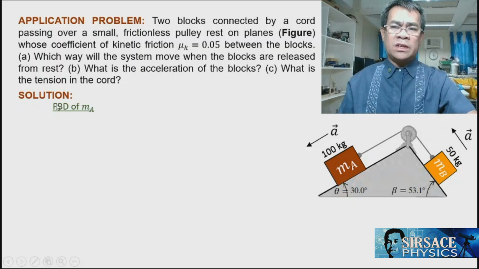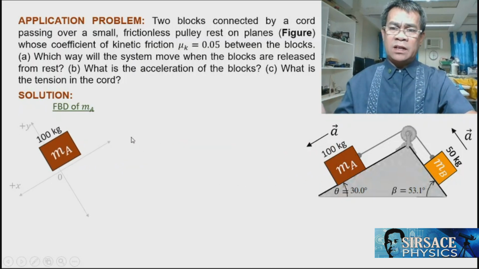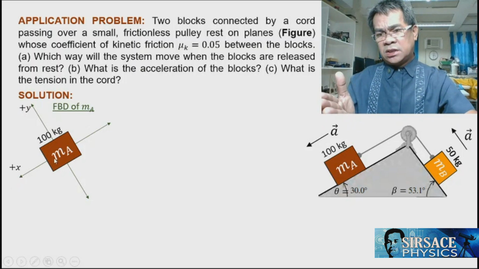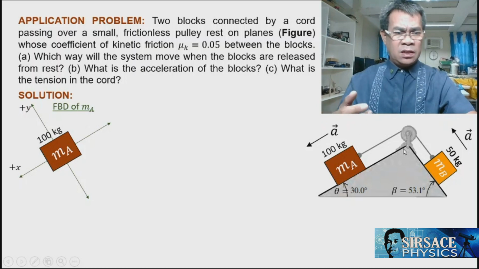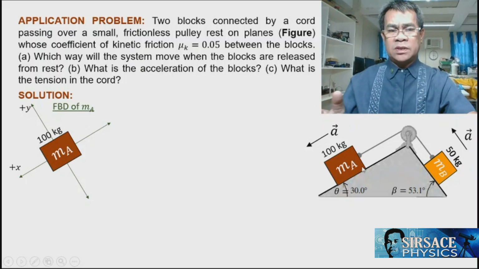So the first requirement is to construct the FBD, or free body diagram, of mass A. Then after that, you have to overlay the object onto the axis. I use the positive X down the plane for A because I assume that A will move down.